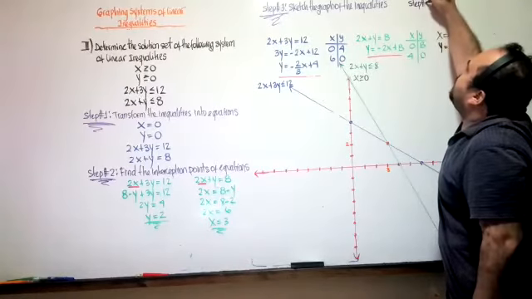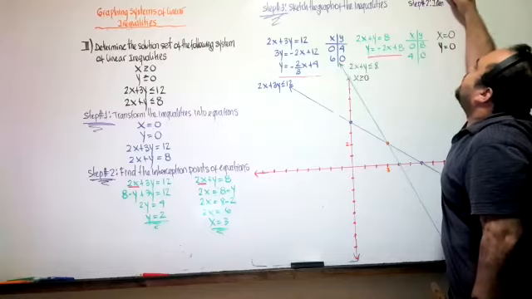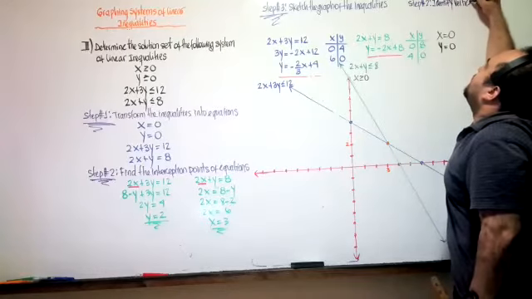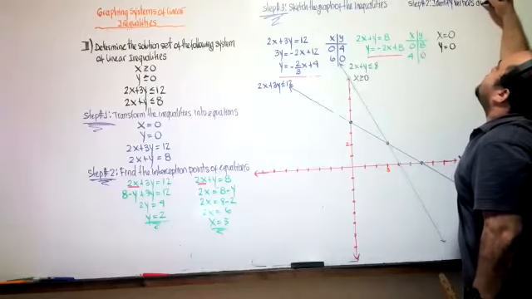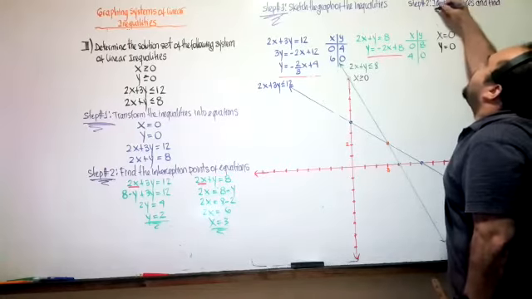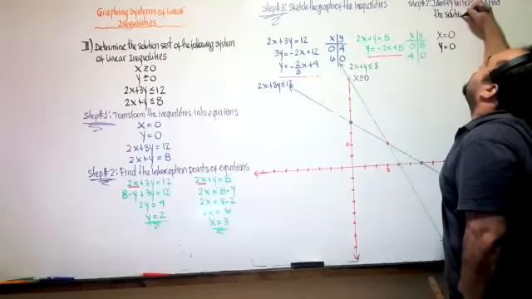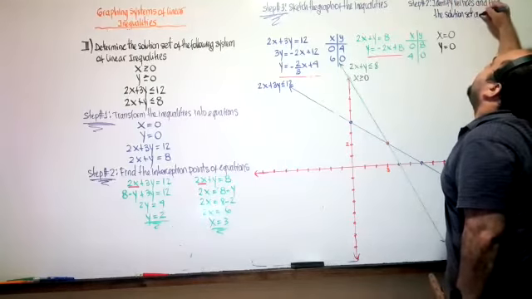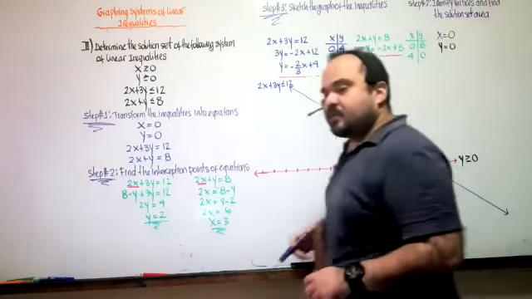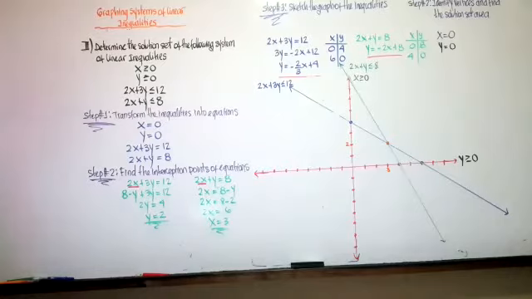Step number 4: identify vertices and find the solution set area. Remember, the solution set area is the common area where the lines collide.